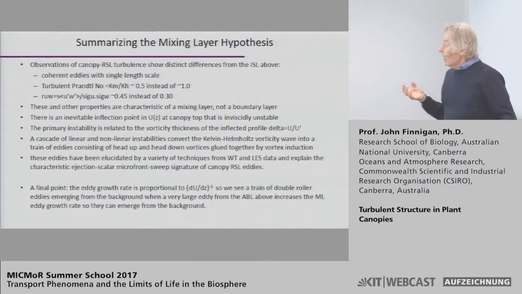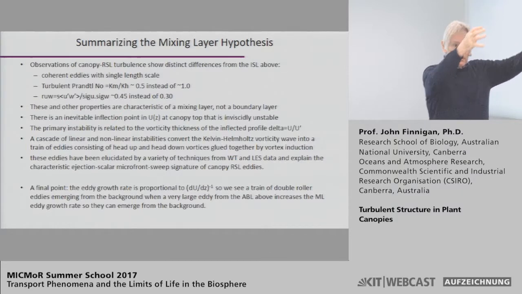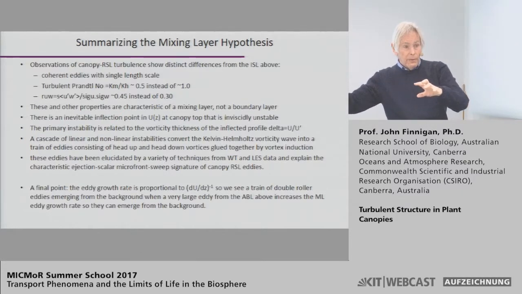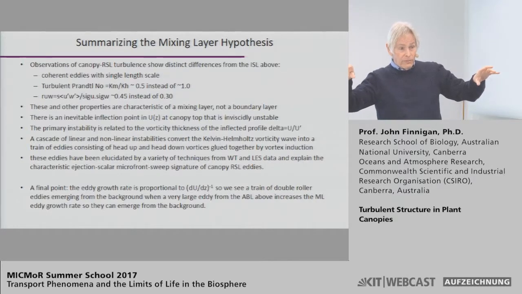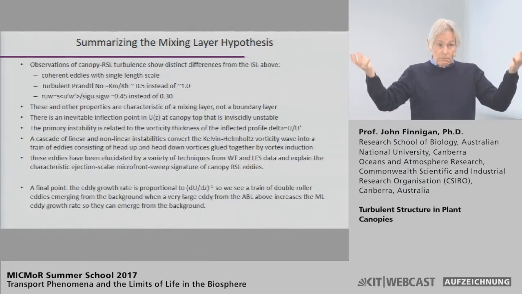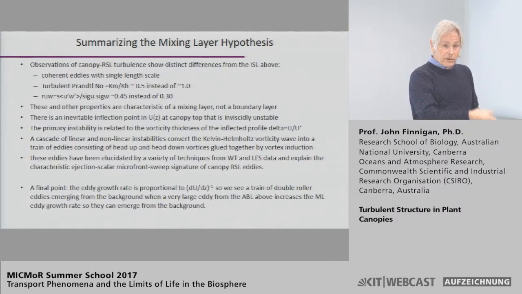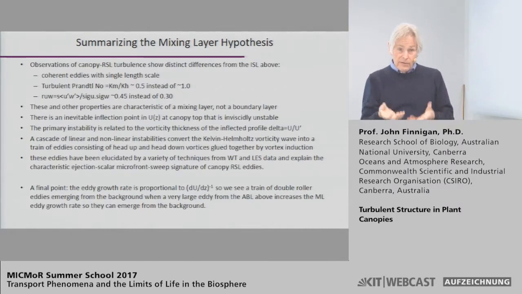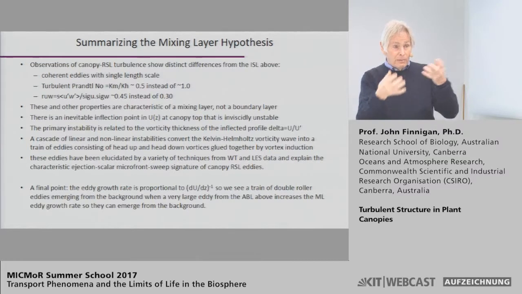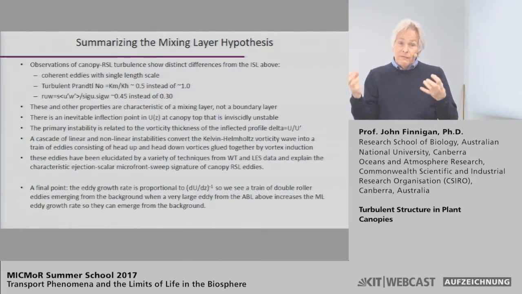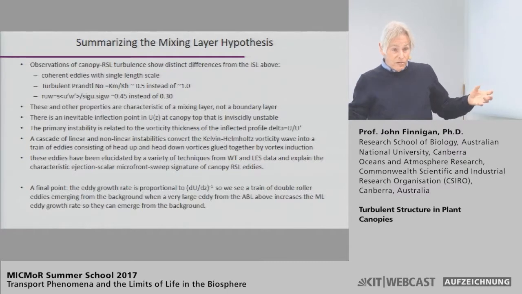So what happens is we occasionally get a very large sweep of momentum from the boundary layer high above, and it raises the average velocity near the top of the canopy, lifts it up. And so the shear increases. The growth rate of the eddies then is faster, and so they can emerge out of the background of all this other messy turbulence faster than the messy turbulence can smear them out.